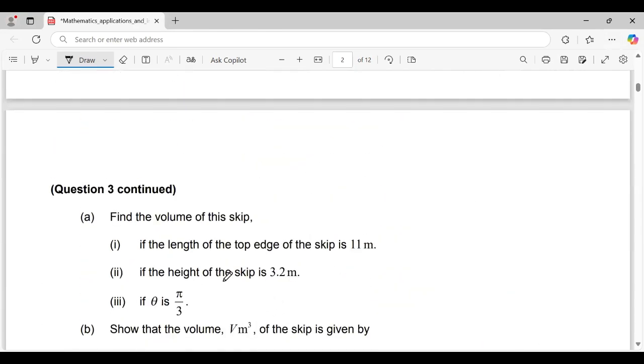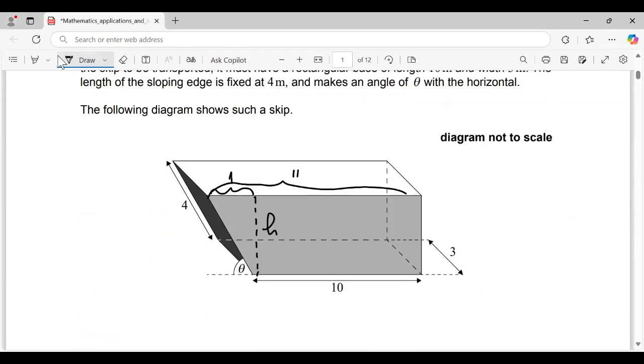If the height of the skip is 3.2, and we need to find this side. Okay, this hypotenuse is 4.